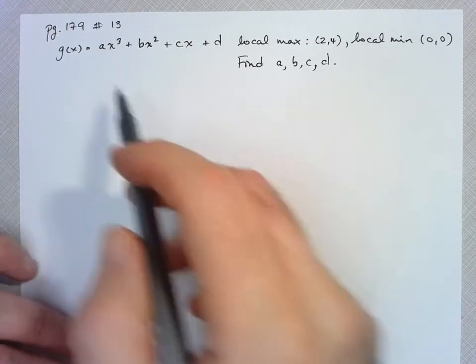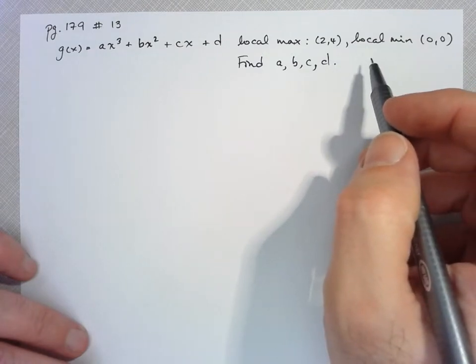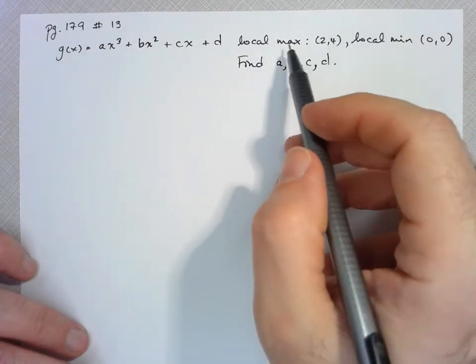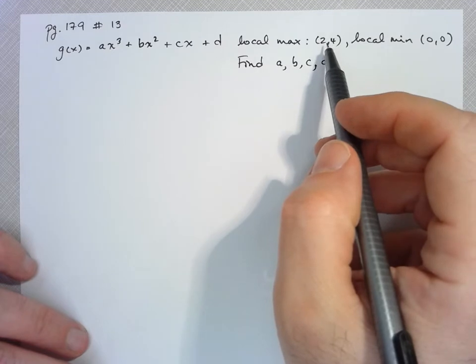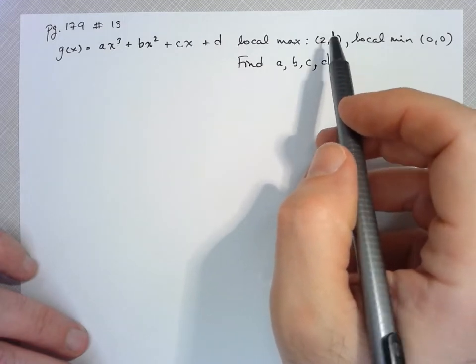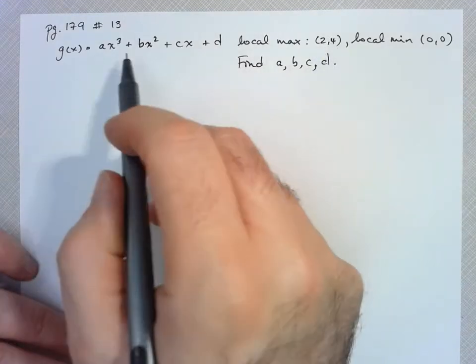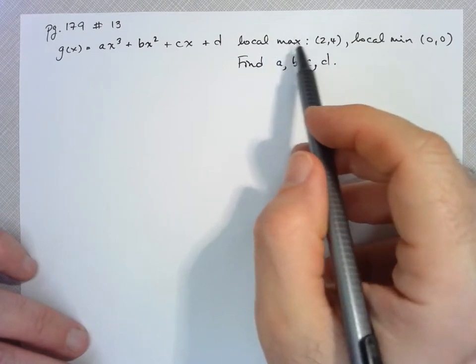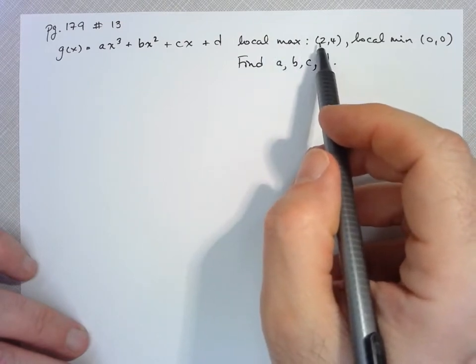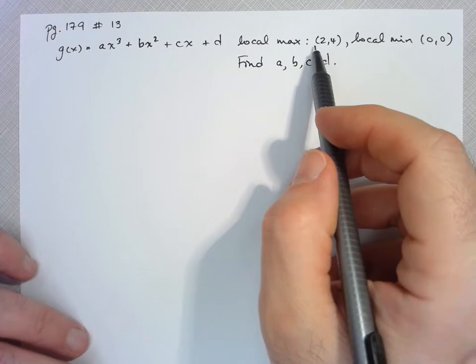Now at first glance this might look like 2 pieces of information, but it's actually 4. Because when it says it's got a local max at (2, 4), first of all, there's the point (2, 4), which is on this function. But since there's a local max there, we know that local extrema can only occur at critical points.